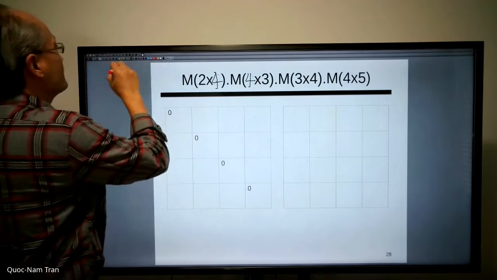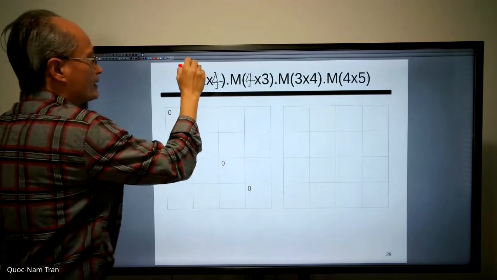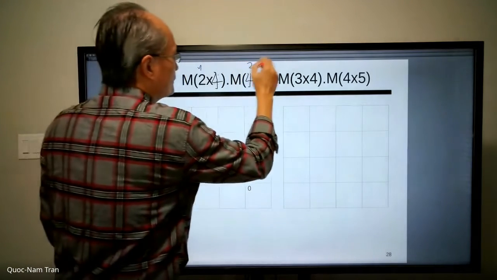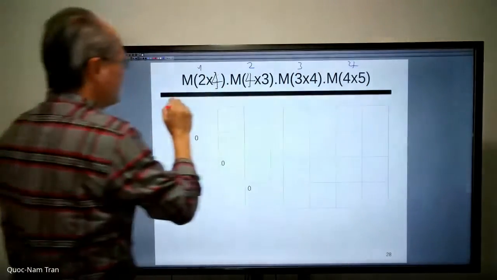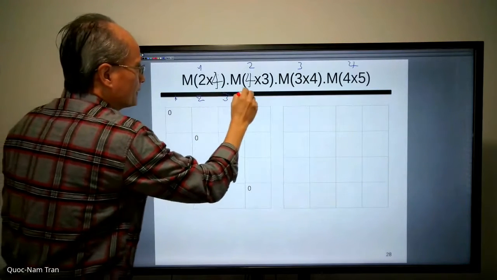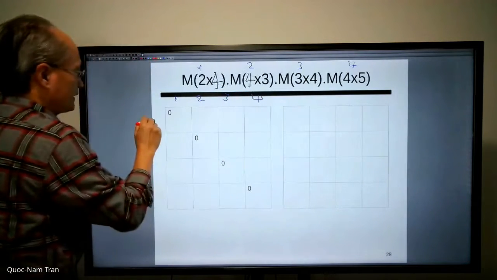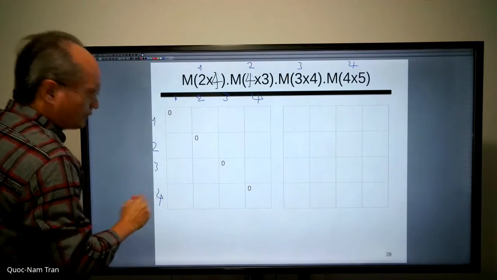So we have here the matrix we have is 1, 2, 3, 4. So here we have 1, 2, 3, 4, and again 1, 2, 3, 4. Right?